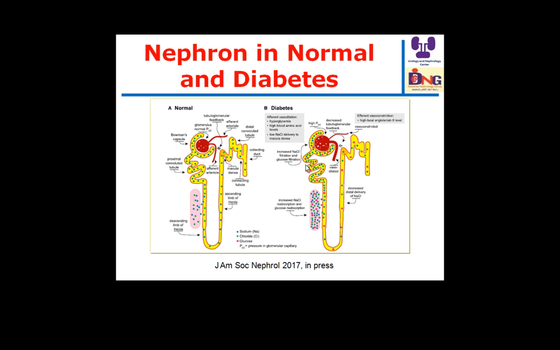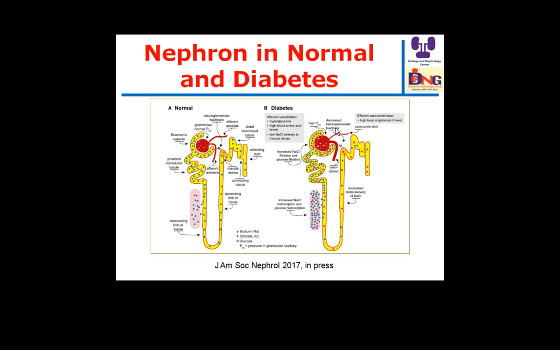So what happens is afferent dilatation. If you compare this with that, here the afferent is dilated. Sodium reaching the macula densa will be reduced. This will impair and decrease tubuloglomerular feedback. And through different mechanisms, including angiotensin II, efferent is maximally vasoconstricted.